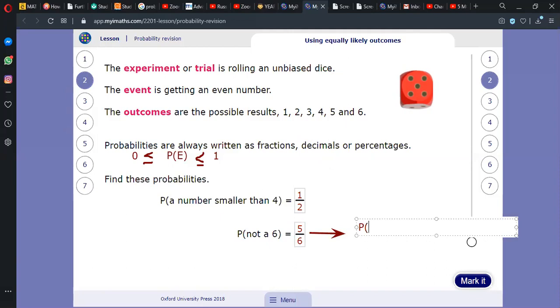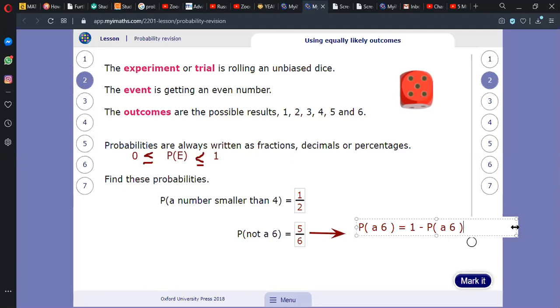The probability of an event not happening, so it's going to be like probability of not a 6, is going to be equal to, based on the formula that we know already, 1 minus the probability of a 6. I'm sure you guys are wondering, sorry, shouldn't there be a bar on the first?